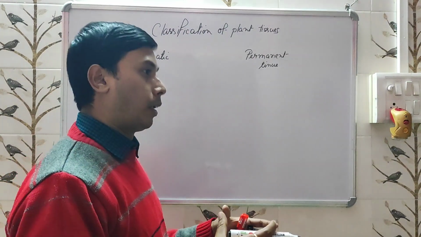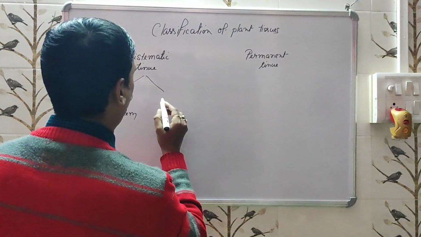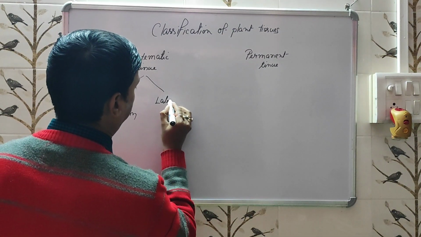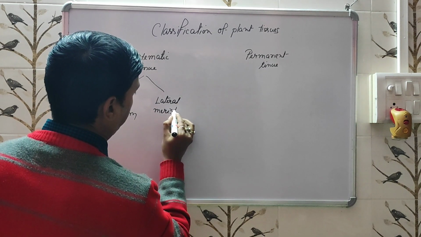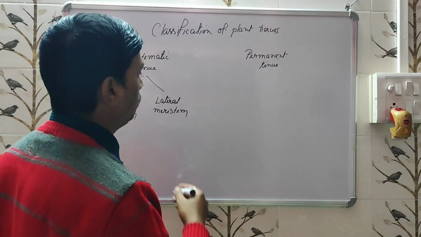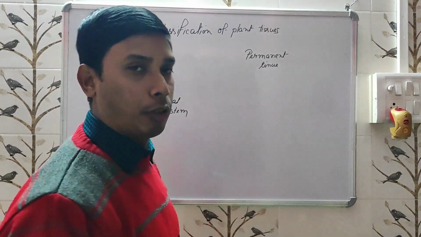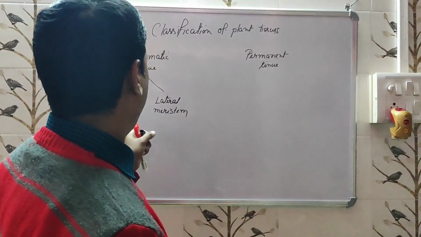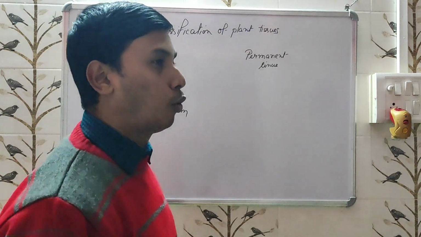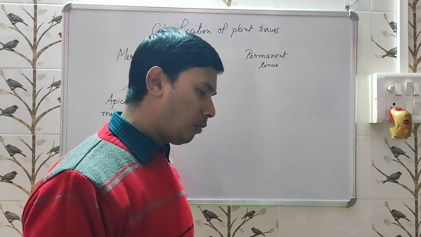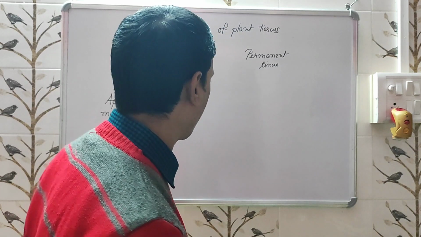And the meristematic tissue mainly located in the lateral part is called lateral meristem. So meristematic tissues are of two types: apical meristem and lateral meristem. Apical meristem is also known as terminal meristem, and lateral meristem is also called cambium meristem. And there is another type also present, called intercalary meristem.